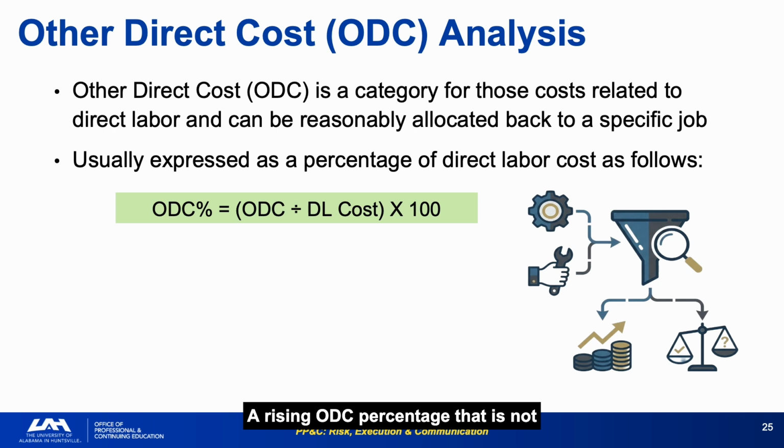A rising ODC percentage that is not explained by a specific event, a new data processing center, or major travel for problem resolution is a signal that something in the contractor's overhead allocation has shifted. ODC is not where most of the money lives, but it is where unusual spending can hide. Build an ODC trend and review it alongside direct labor every quarter.